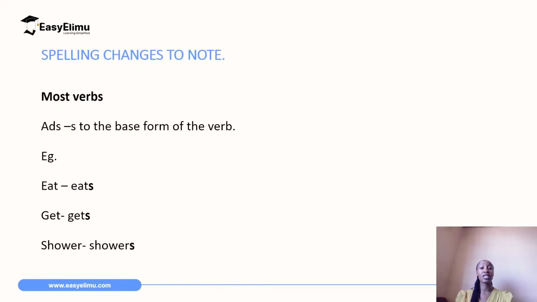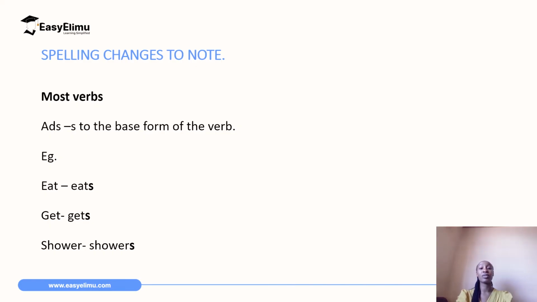So for most verbs, you just add s to the base form of the verb. For most of the verbs, not all of them, but a good number. So for example, the verb work. So you say, I work, you work, we work, they work.